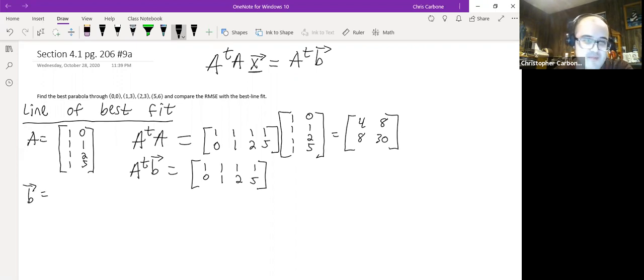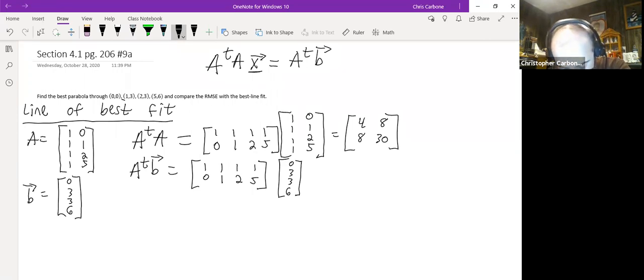Our vector B is all these y values. So that's going to be 0, 3, 3, and 6. When we multiply this, we get another vector. This one will be 12 and 39.